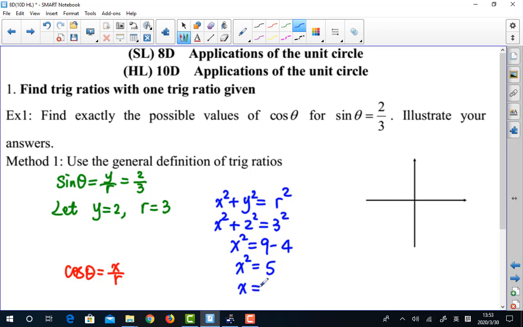X should have two solutions. When you square root both sides, make sure you put down positive, negative for the square root of 5 yourself. So what is the cosine theta value? There are two possible values for cosine theta. Cosine theta can be positive or negative root 5 divided by 3.